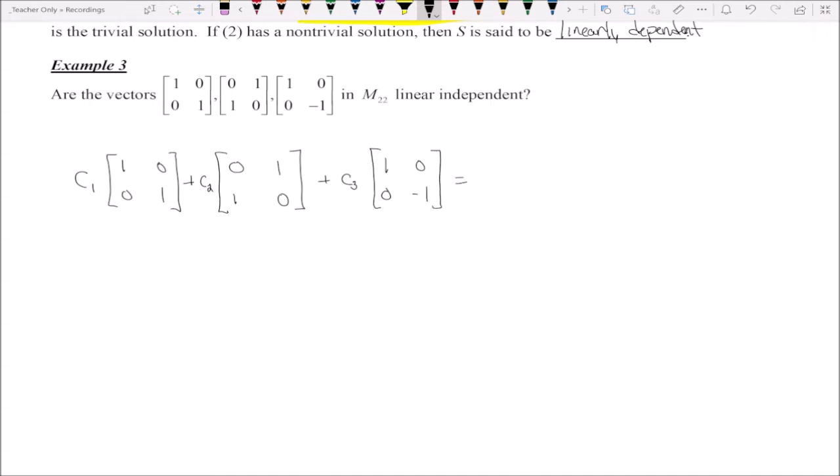Equals the additive identity in M22, which is the 2 by 2 zero matrix.